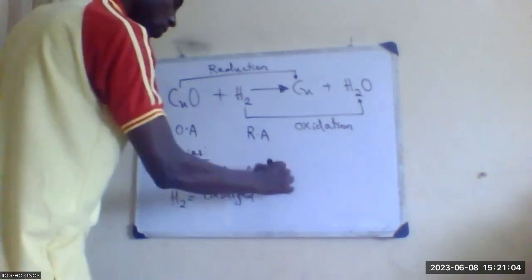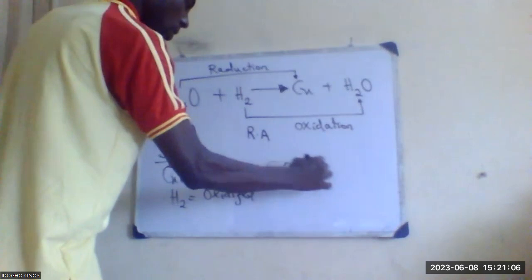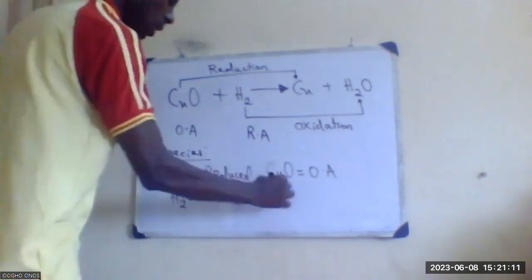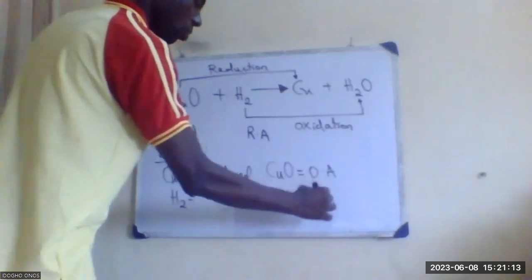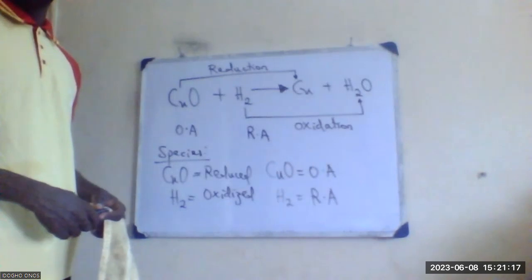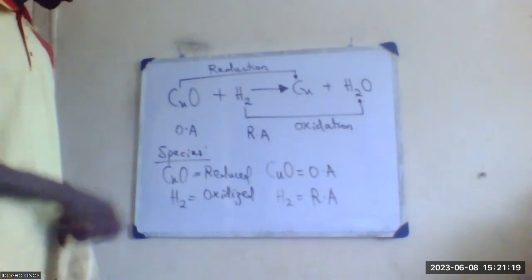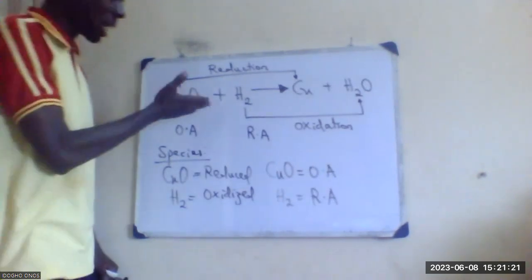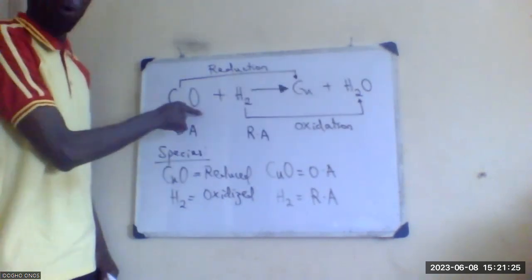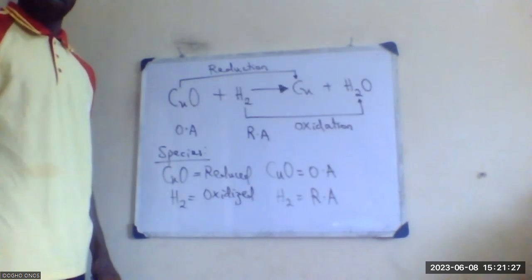Again, my CuO is the OA, that is the oxidizing agent, while the H2 is the reducing agent. Most times, students will be given an equation like this and asked, what is the role of CuO in the above equation?